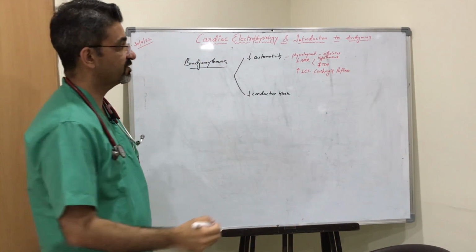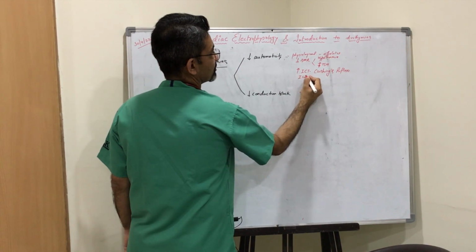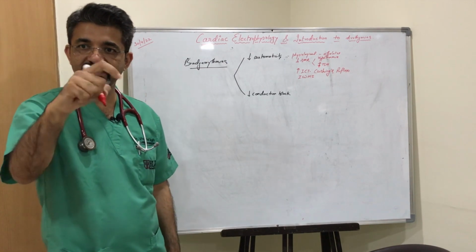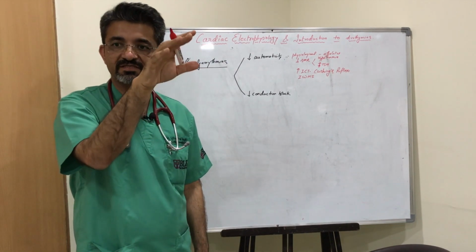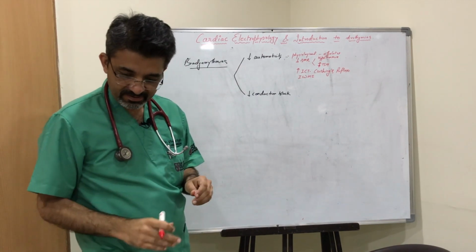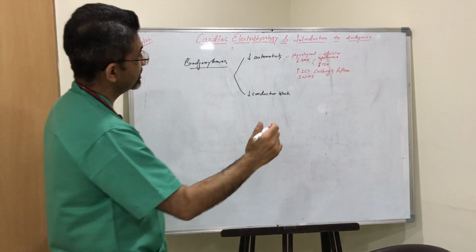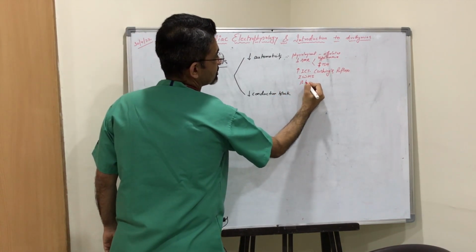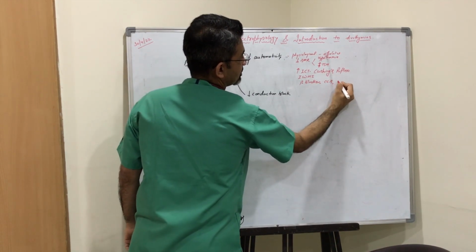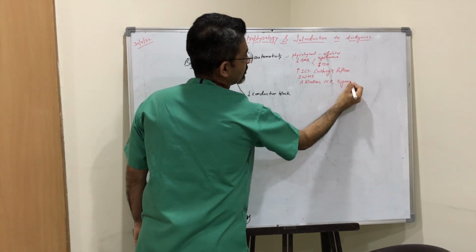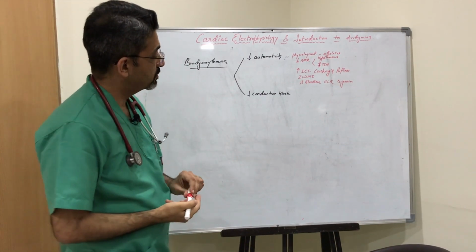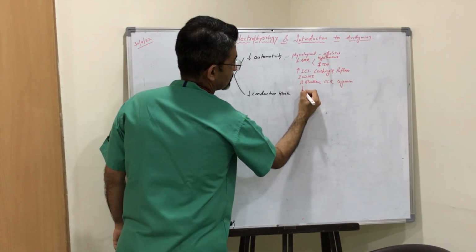Right? You have inferior wall MI, which affects your SA nodal automaticity, because RCA supplies the SA node, right? So there is decreased blood supply to the SA node, and the automaticity goes down. Then you have certain drugs such as beta blockers, calcium channel blockers, digoxin, right? And last but not the least, hyperkalemia.